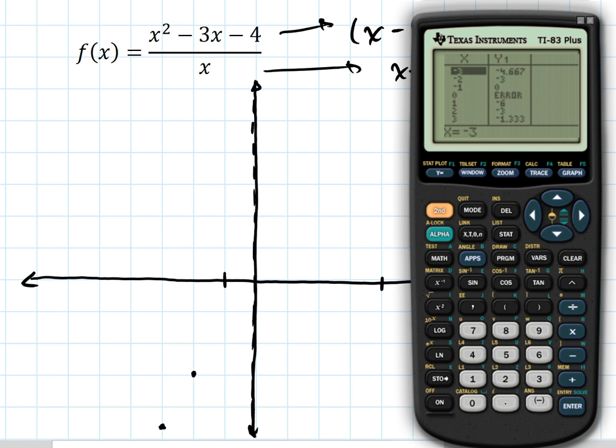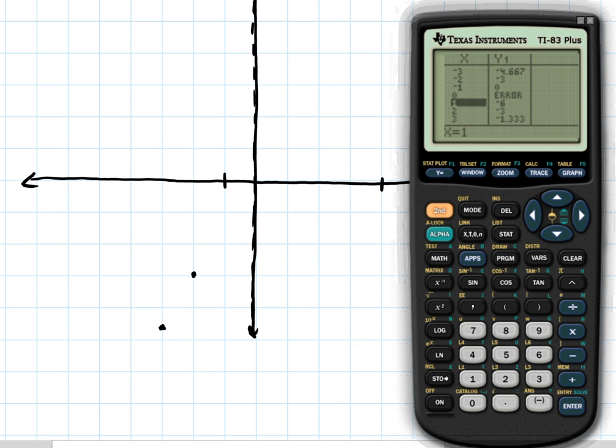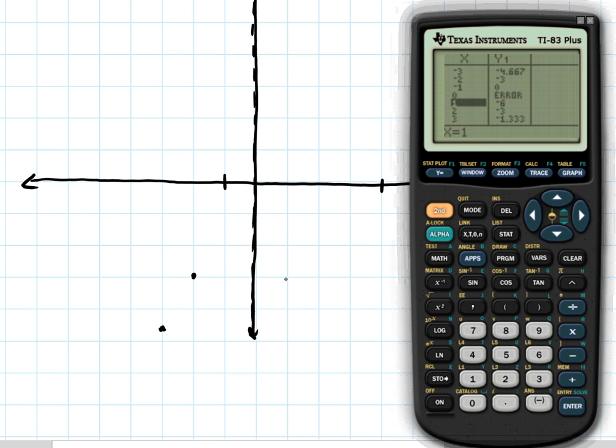And it looks like at positive 1, the graph is at negative 6. So that's kind of off the scale here: 1, 2, 3, 4, 5, 6. At 2, it looks like the graph is at negative 3.